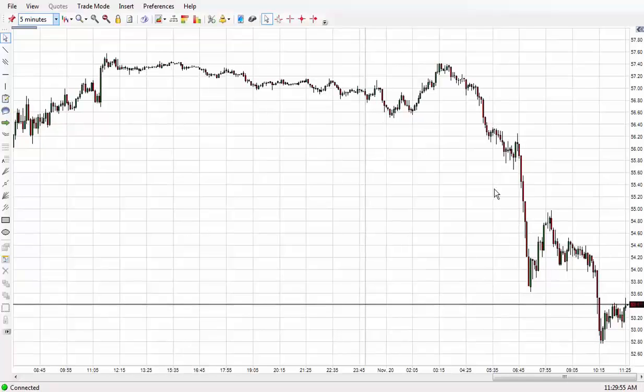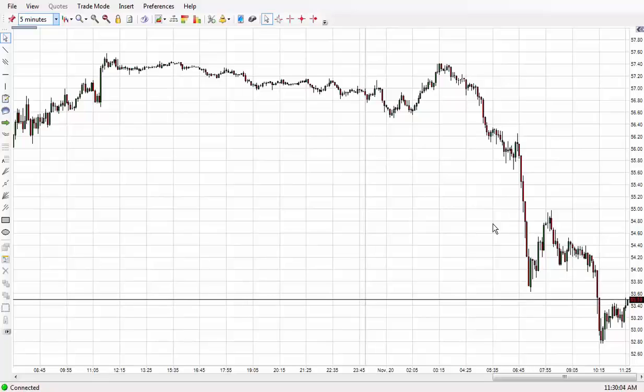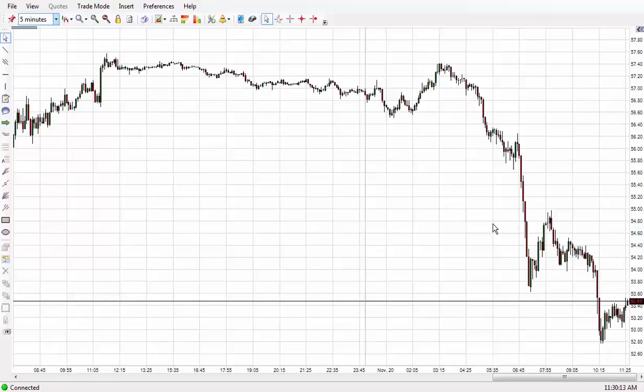Okay, let's start off with today, which is Tuesday. Code 3 generated 6 trades. It did 450 ticks. There were 4 wins, 1 loss, and 1 break even for 450 ticks today.